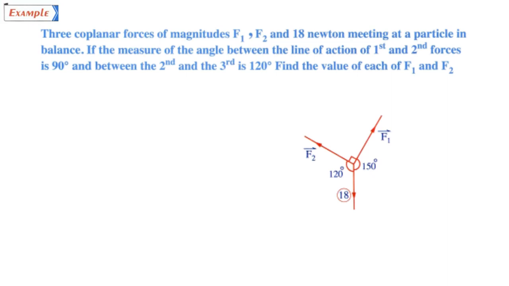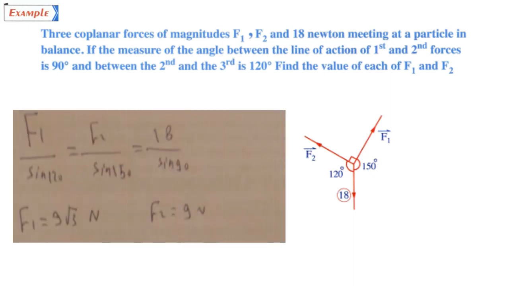We have these forces 18, F1, F2, and the angles between them are 90, 150, and 120. We apply Lami's rule, which is F1 over sine 120 equals F2 over sine 150 equals 18 over sine 90. From this, we find F1 equals 9 root 3 Newton, F2 equals 9 Newton.